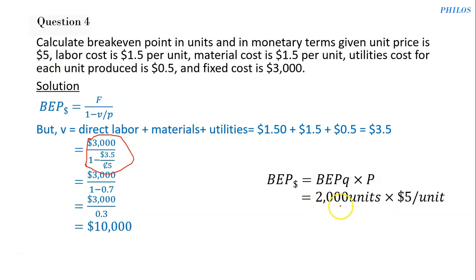So we have 2,000 units times $5 per unit. Units cancels units. So 2,000 times $5 will give you $10,000. So you see that we get the same answer. If you're able to get the break-even point in units, you just multiply by the price to get the break-even point in monetary terms.